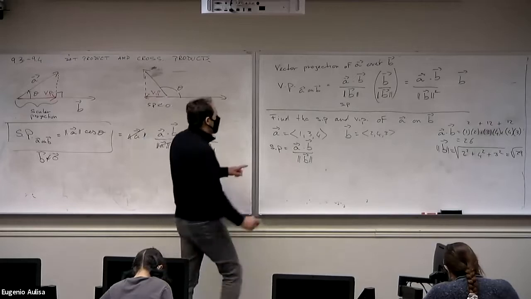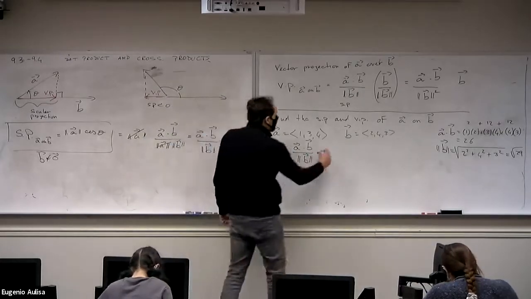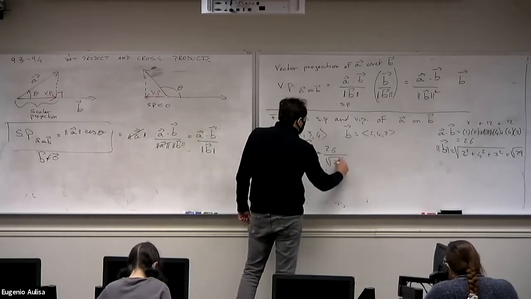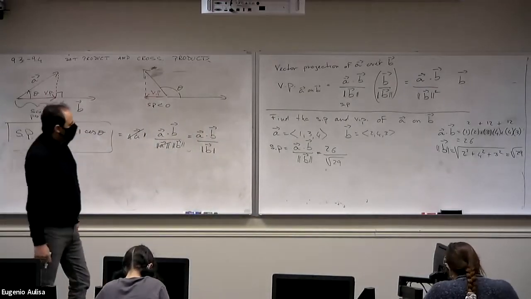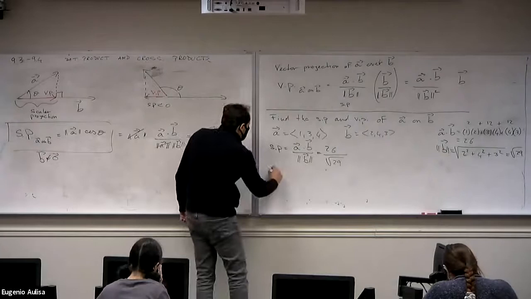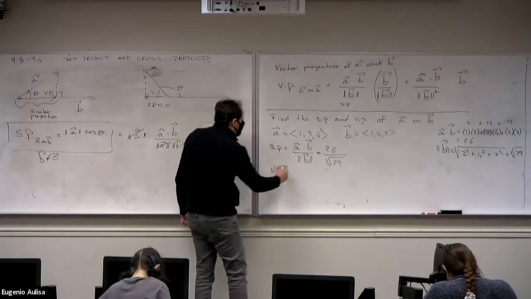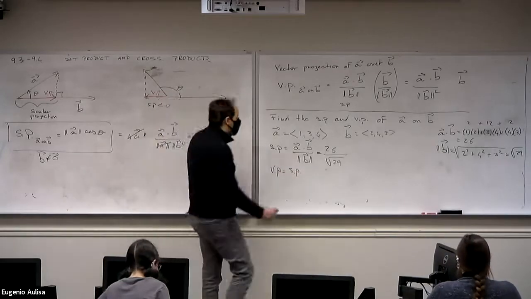So the scalar projection of A over B is going to be 26 over square root of 29. The vector projection is equal to the scalar projection times B over its length.